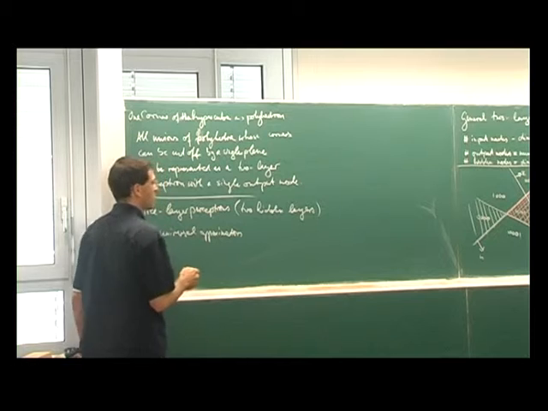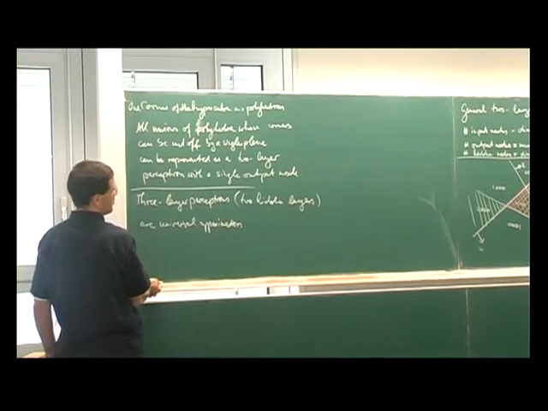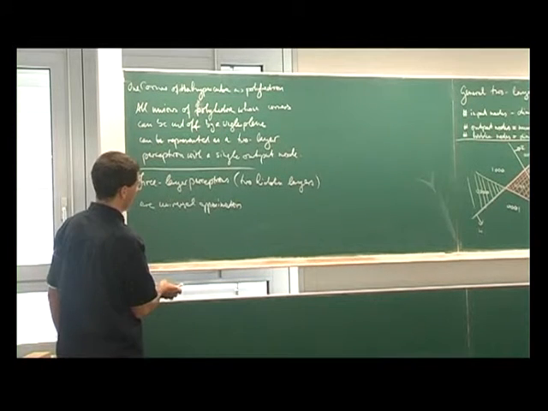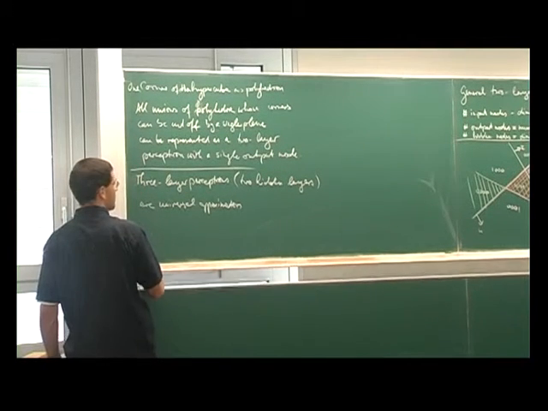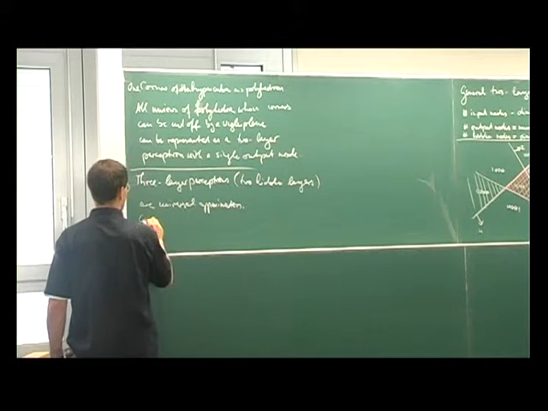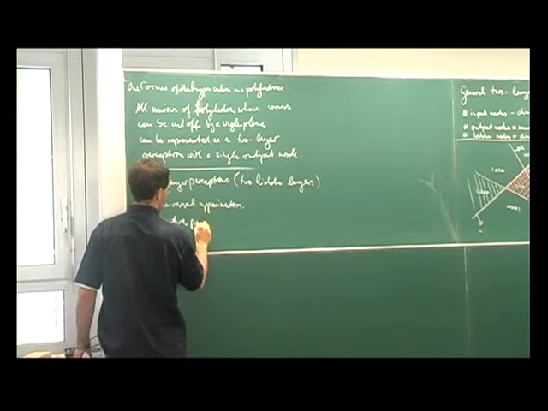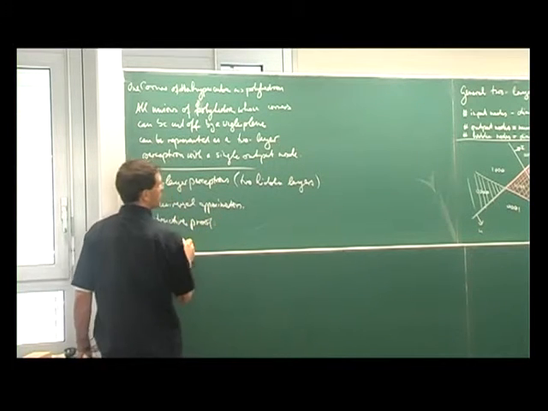I have not written down that in fact already 2-layer perceptrons are already universal approximators, but that's harder to show. So, universal approximators, and the constructive proof goes as follows.